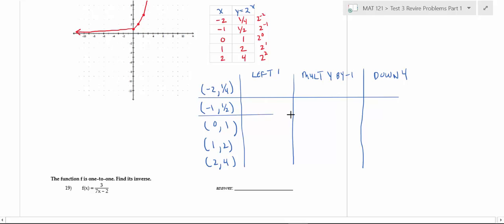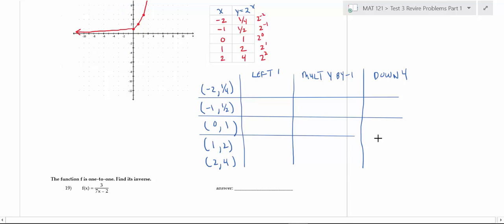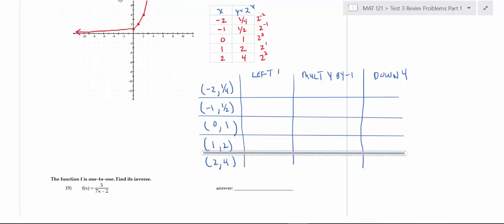You can do the transformations, then plot your points, and you should have a valid graph, assuming you do all of your arithmetic correctly. Okay, so let's start. If we're going to go to the left 1, the y values are unaffected by that transformation, so I'm just going to write those y values down.